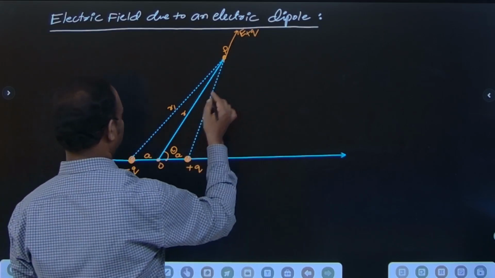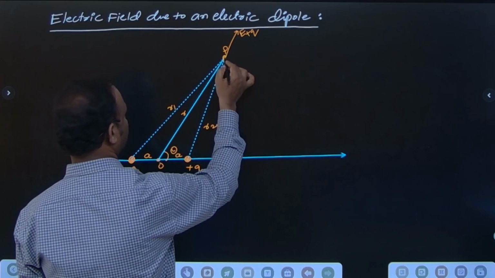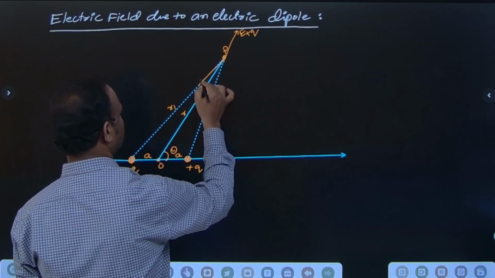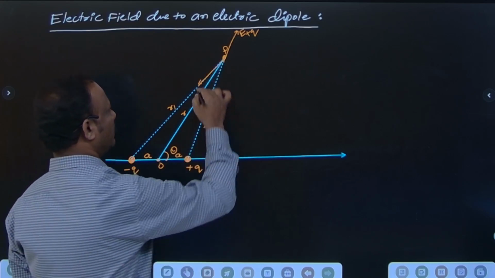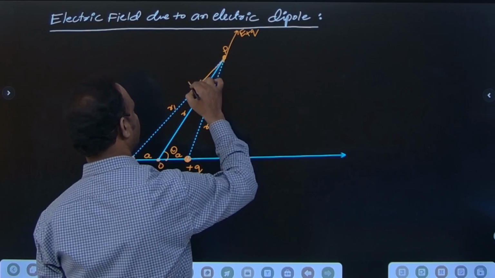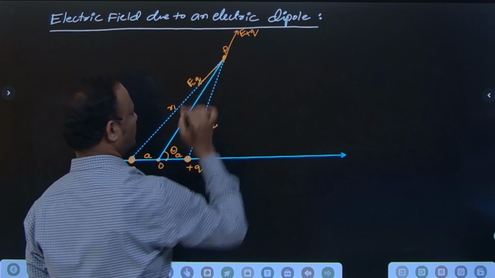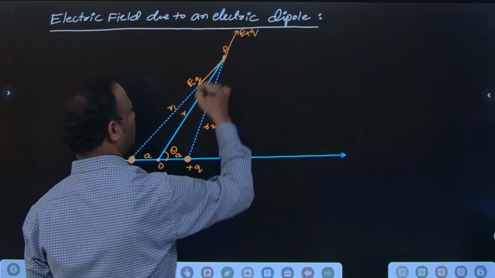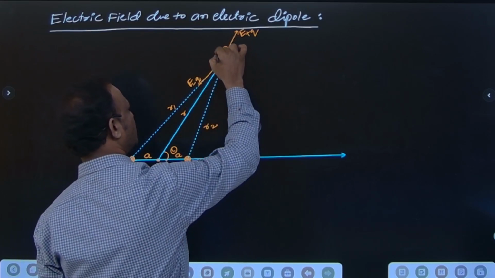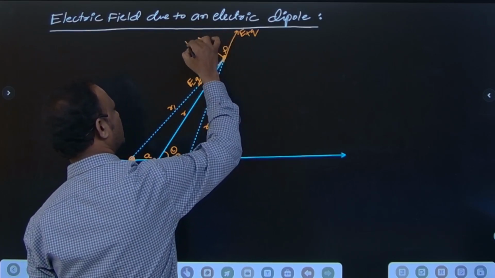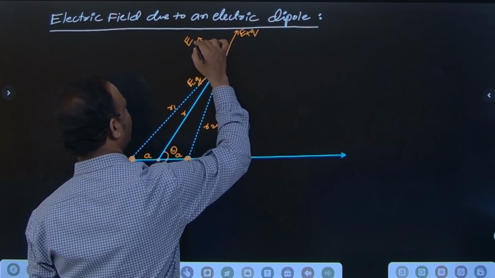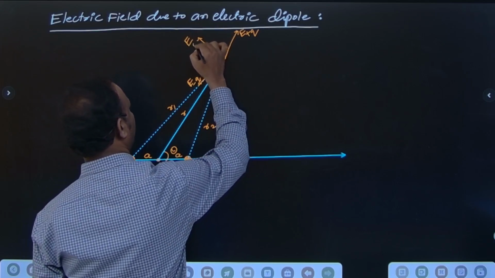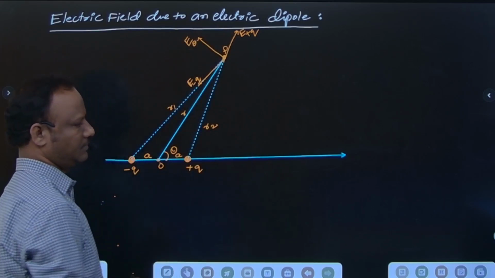E due to minus q is directed towards minus q, like this. The resultant of these two, taken vectorially, is the electric field, with a tangential component.